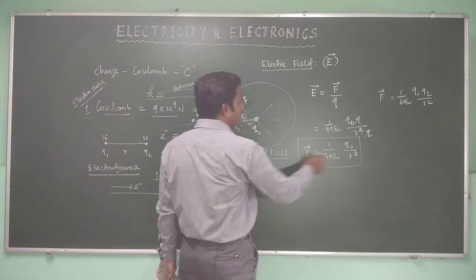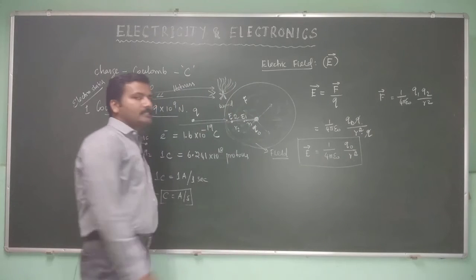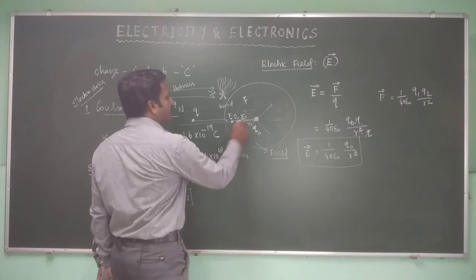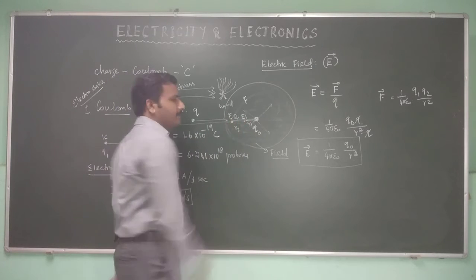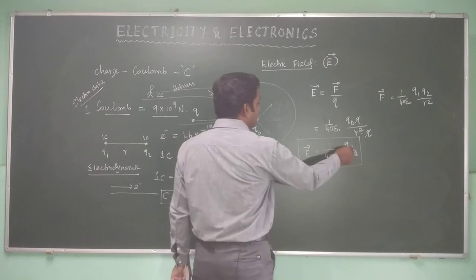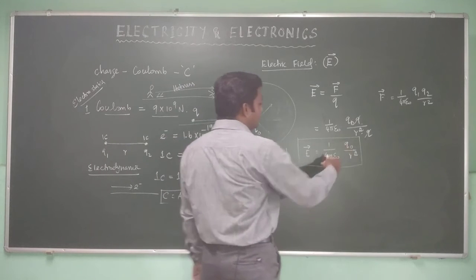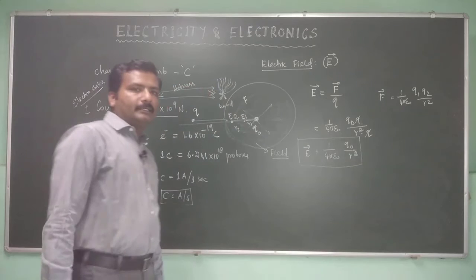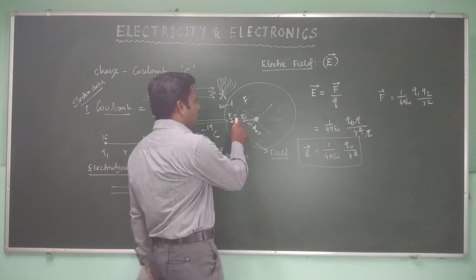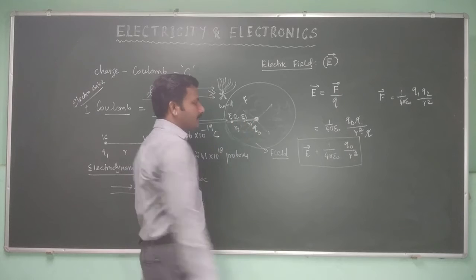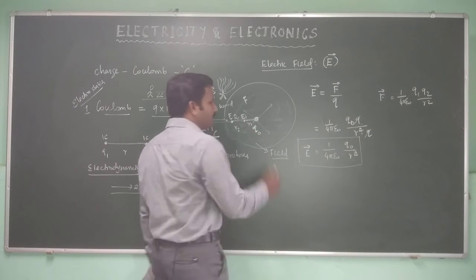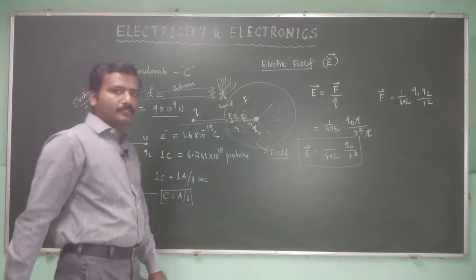Why? Because the field is inversely proportional to the square of the distance from the charge to the point where it is measured. So the field will be higher. The field increases when you increase the stationary charge, and the field decreases if you increase the distance.